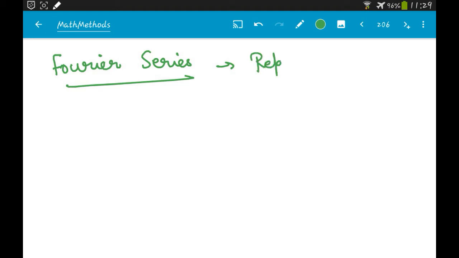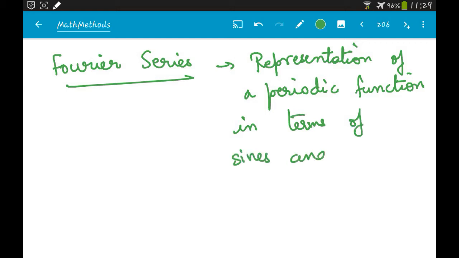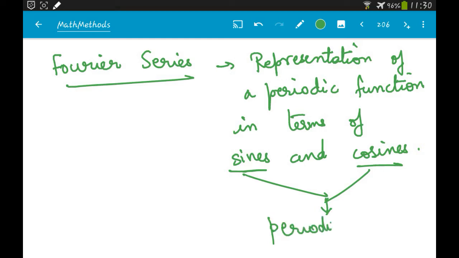Fourier series is nothing but representation of a periodic function in terms of sines and cosines. Okay. And we represent this in terms of sines and cosines because sines and cosines themselves are what? These themselves are periodic functions.